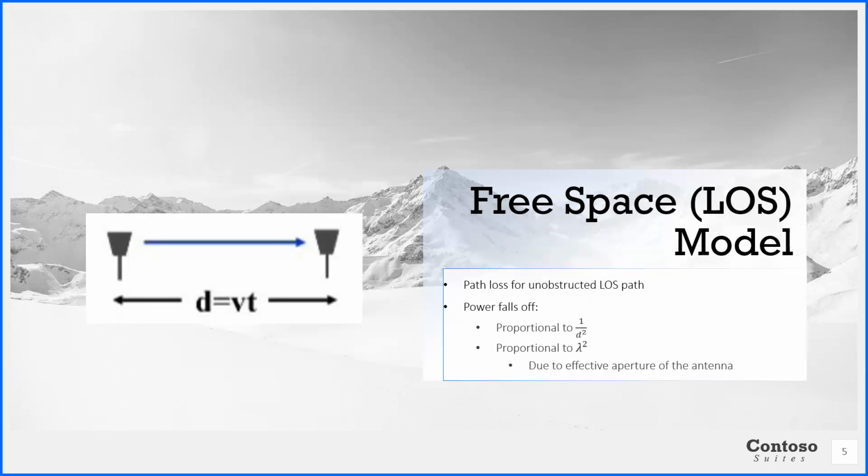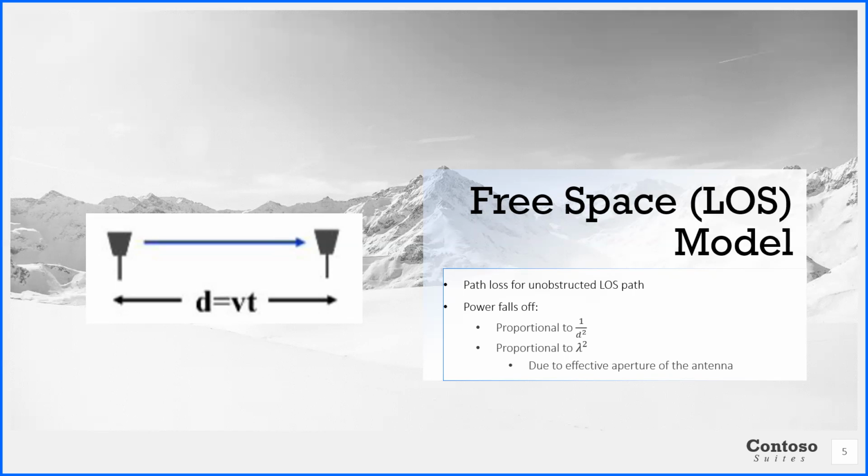Now, the open space, line-of-sight, or free space model refers to signal transmission without any obstacles in the receiver's path, so a direct transmission from the transmitter to the receiver. There will be no obstacles such as the curvature of the Earth, buildings, and other things.